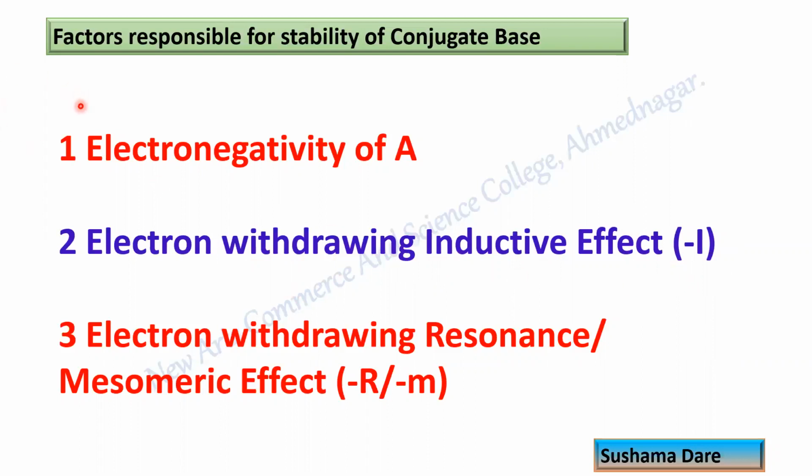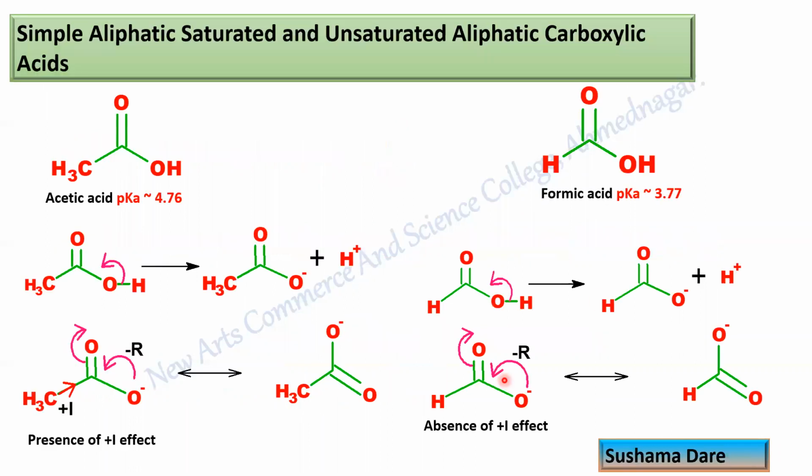Now, for the factors responsible for the stability of the conjugate base, there should be a highly electronegative atom A. Then the negative charge generated on A has to be stabilized by electron withdrawing inductive effect and electron withdrawing resonance effect. Let us consider this example.